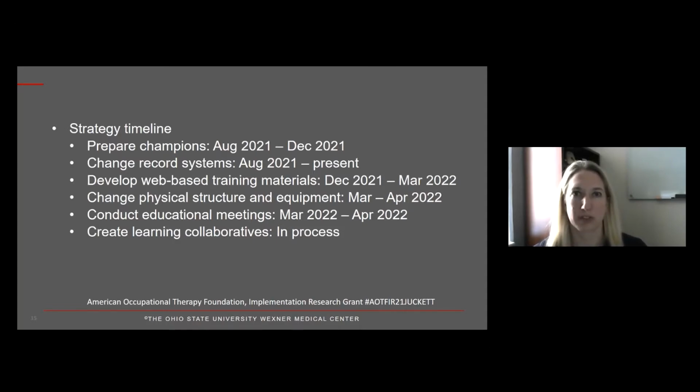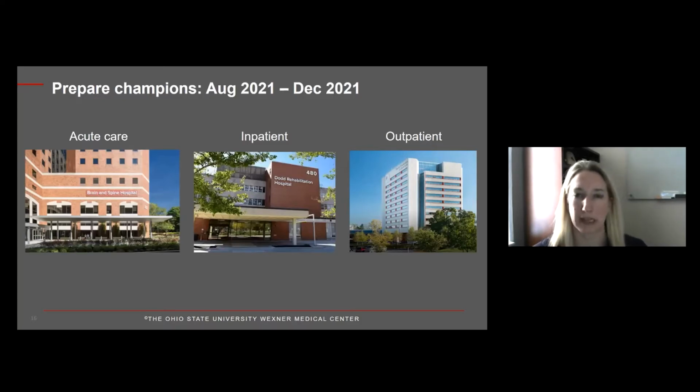So I'll walk you through individually what these strategies look like in case you're interested in replicating something similar. So once we secured funding, and actually I should say, as we were putting the grant proposal together, we felt it was important to identify, not just because the CFIR-ERIC matching tool told us to, but we also felt it was important to identify outcome measure champions or standardized assessment champions, just so we had that frontline boots on the ground representation, because these are the folks that are actually implementing these assessments.